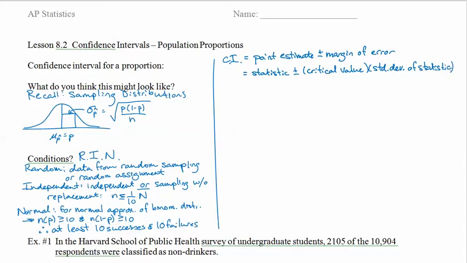Now we've got a problem, however, in that in order to calculate the standard deviation as we have it on the left side of our page, we would need to know p. But we don't know the population proportion. So we will estimate it using the sample proportion, p hat.